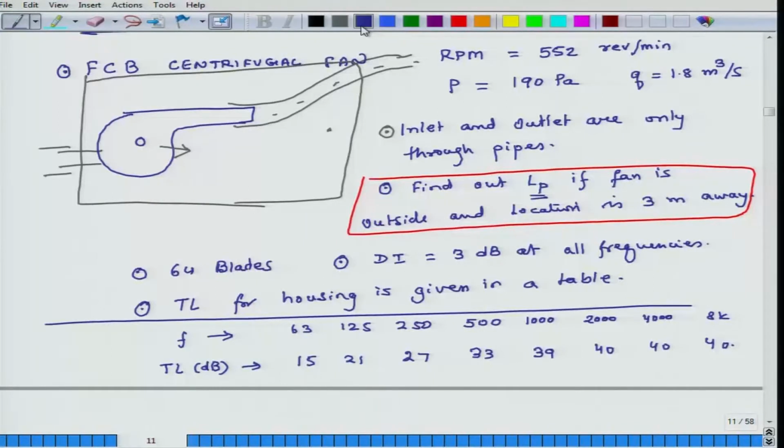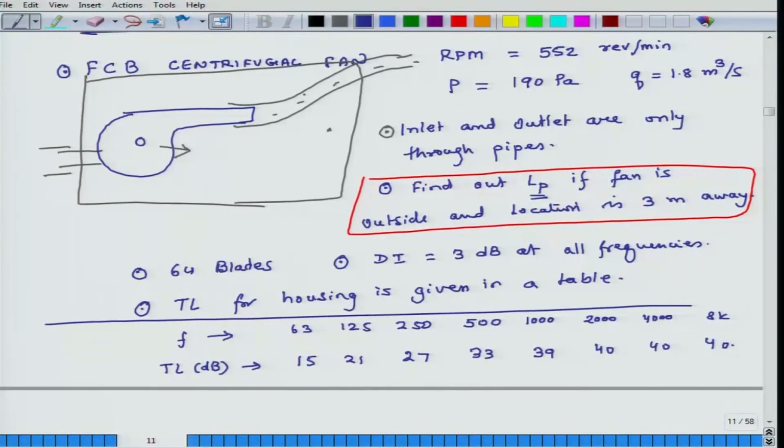So, the question is that there is a forward curved blade centrifugal fan. It is outside the room, in free space, rotating at 552 rpm, and generating air. The output of air is 1.8 cubic meters per second, which is 1800 liters per second, and the pressure of this outcoming air is 190 pascals.